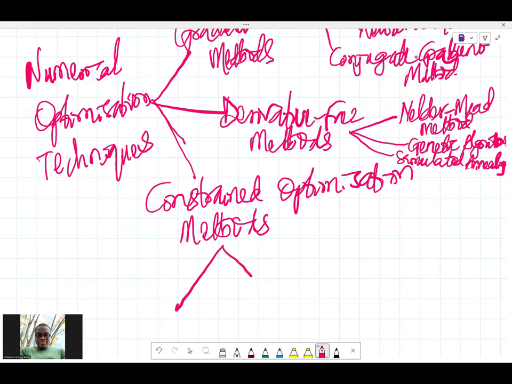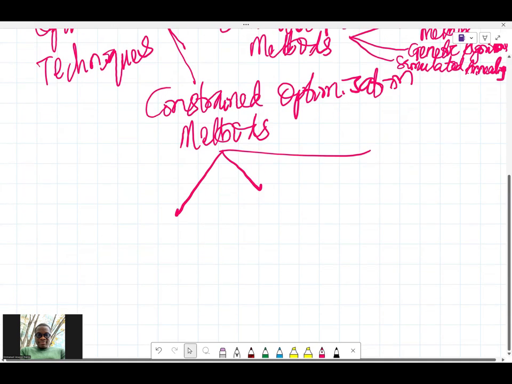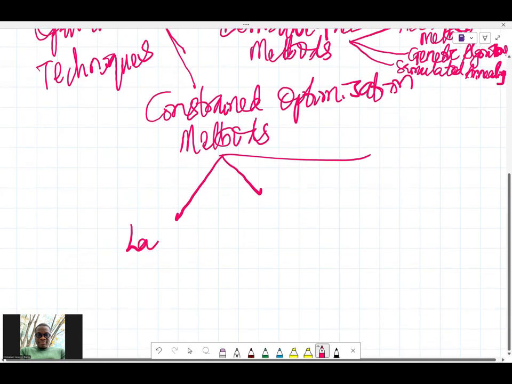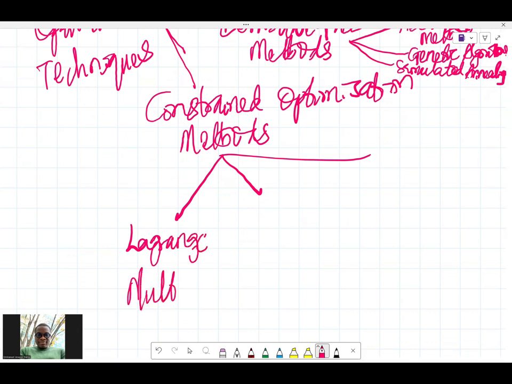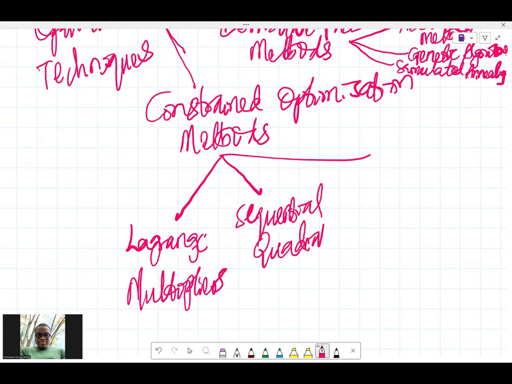So now we are going to be considering constrained optimization methods. The first of those will be the Lagrange multipliers. After that, we're looking at sequential quadratic programming, and later we'll be seeing interior point methods.